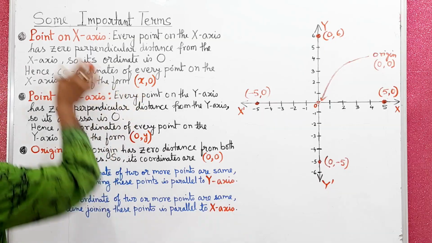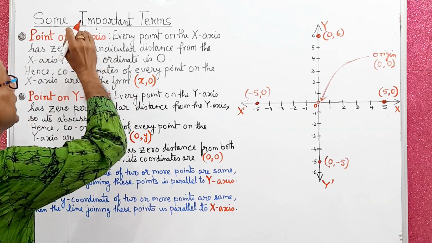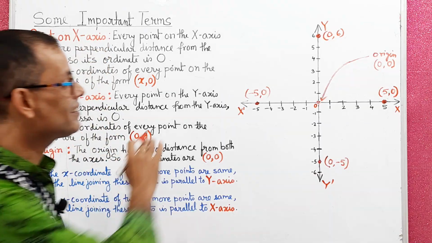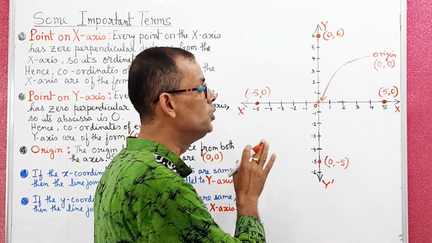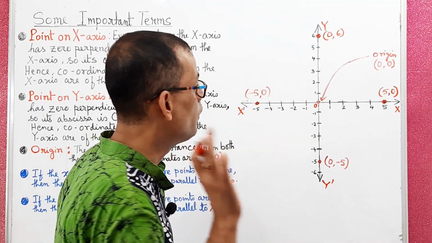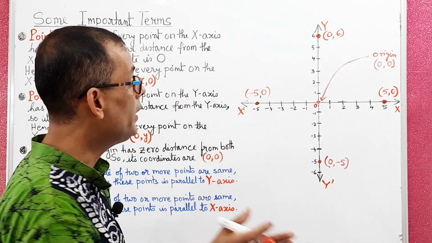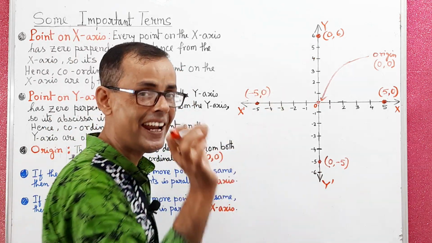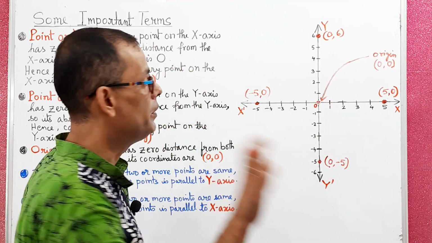Here you have to remember that for any point on the x-axis, the ordinate or the y value will always be 0. And for any point on the y-axis, the abscissa or the x coordinate value will be 0, but the ordinate will have a value.